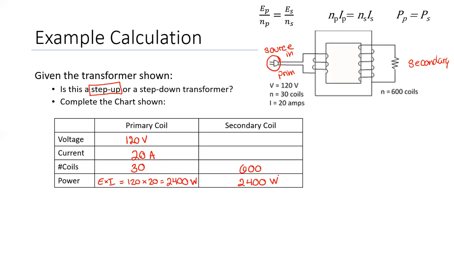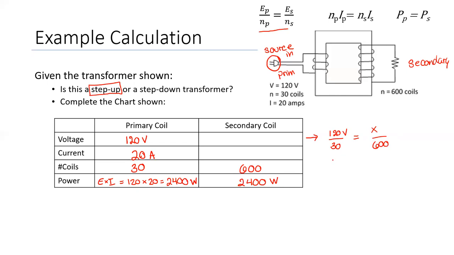So that lets us calculate two things easily. Let's do voltage first. And we'll use our formula. We can use this formula, which is easy cross multiplication and division. So 120 volts in, and then there's 30 turns on that side, is equal to X volts and 600 turns.